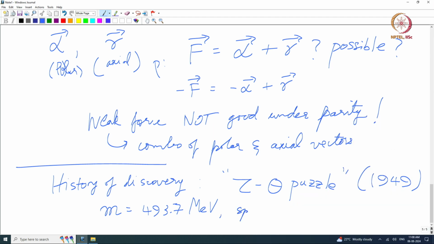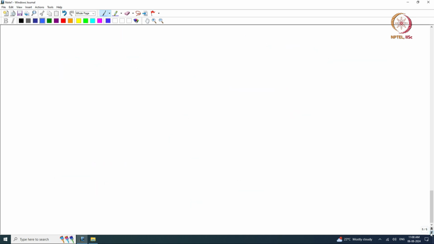They had the same spin, obviously, well, not obviously. They both had spin 0, and they had the same electric charge. But what distinguished them as two separate entities was that the theta meson was seen to decay exclusively to a charged pion and a neutral pion.